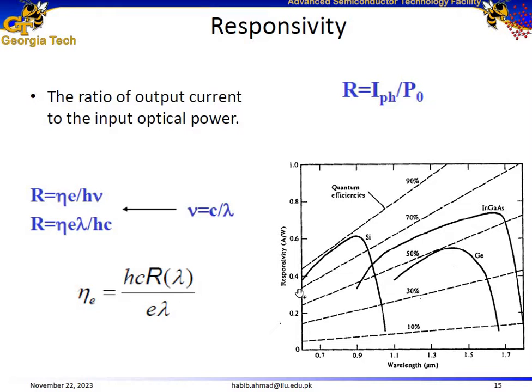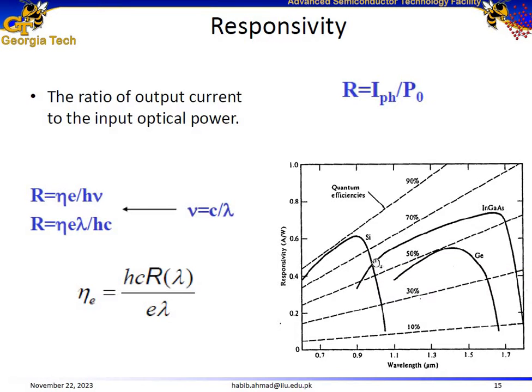The lower cutoff wavelength for silicon-based photodetectors is around 400 nanometers, and the maximum wavelength is 1100, but we get increased responsivity at around 900 nanometers or 1 micrometer.